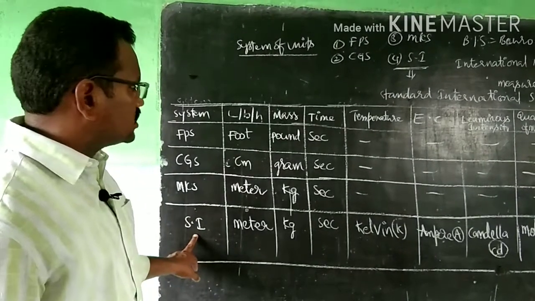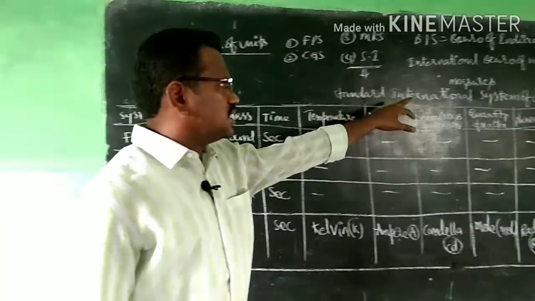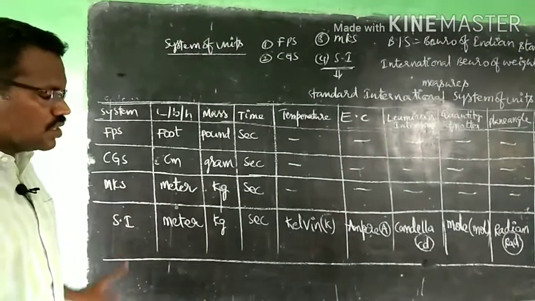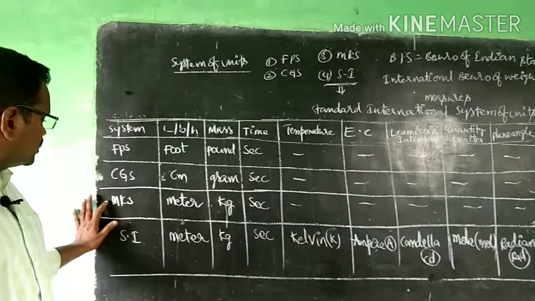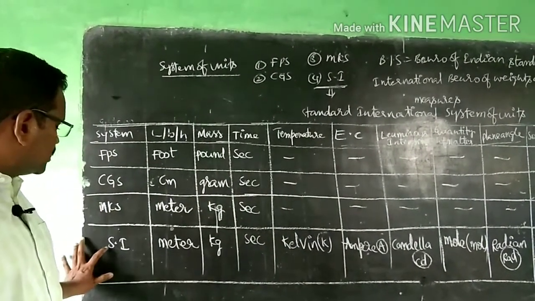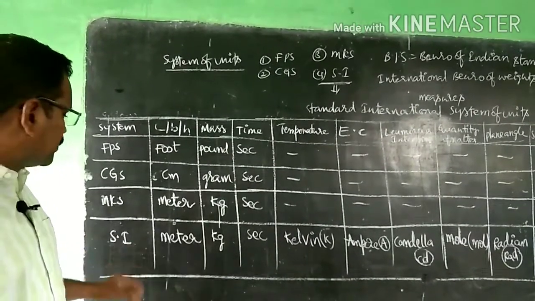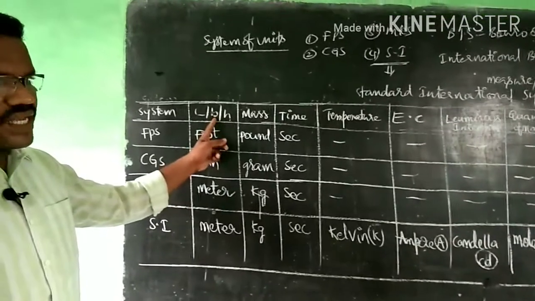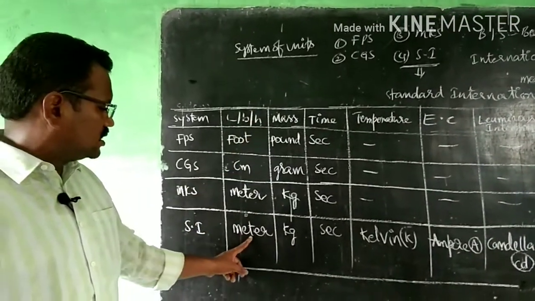What we already said, SI is the Standard International System of Units. Now, what does it mean? The modified MKS system is the SI system. In the SI system, the unit of length, breadth and height is meter.